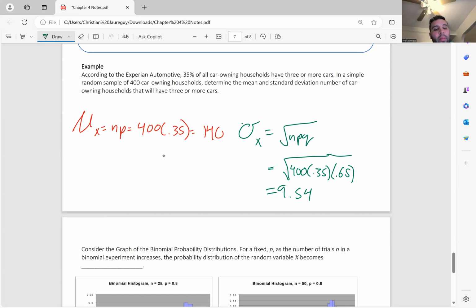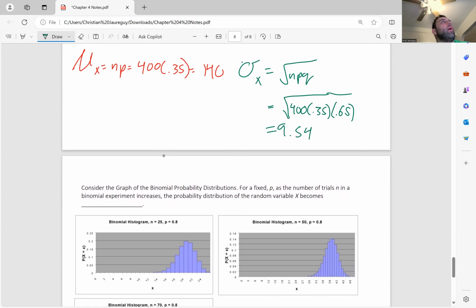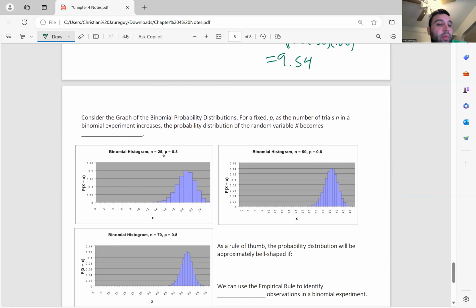So in the past chapters, we've put some importance on a distribution being bell-shaped. And it turns out there's a way to double check if my binomial distribution matches a bell-shaped distribution. Consider the graph of the binomial distribution.